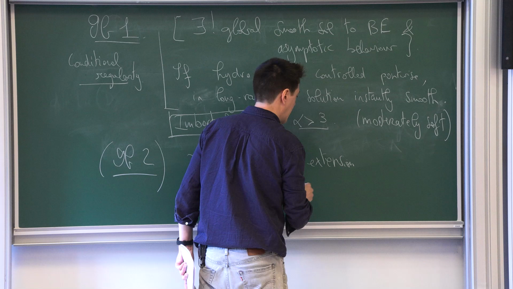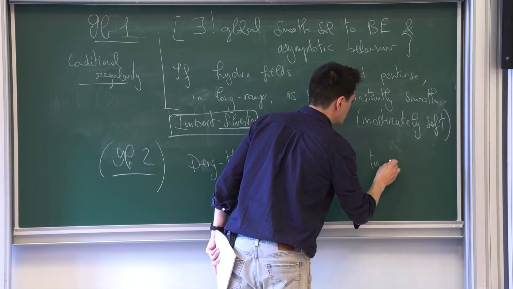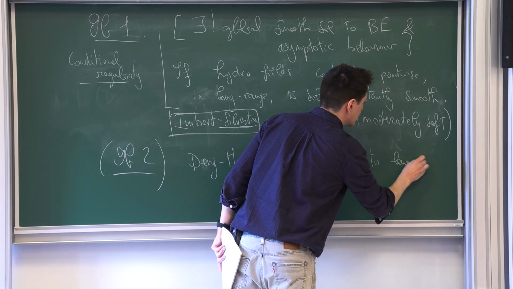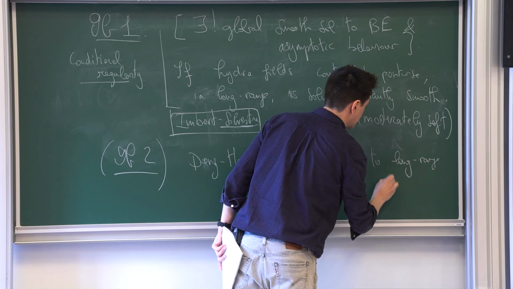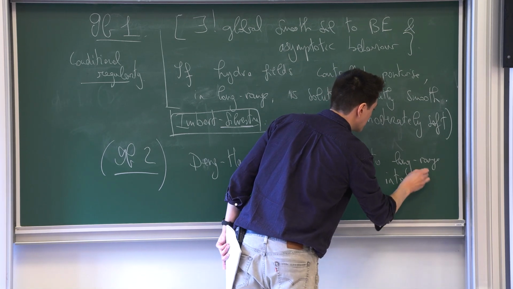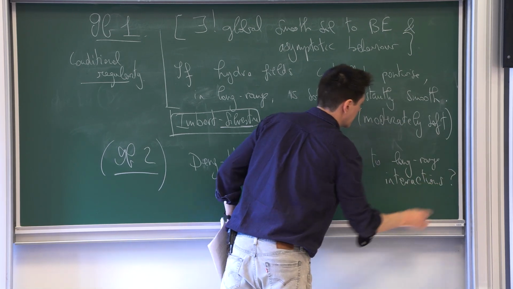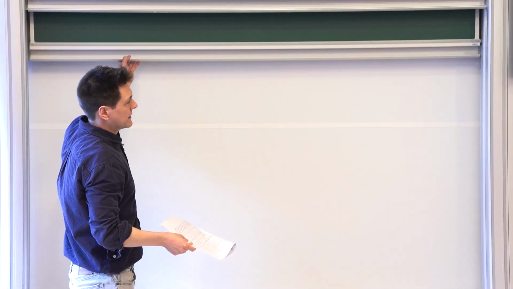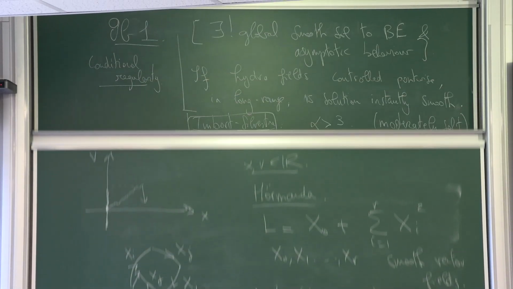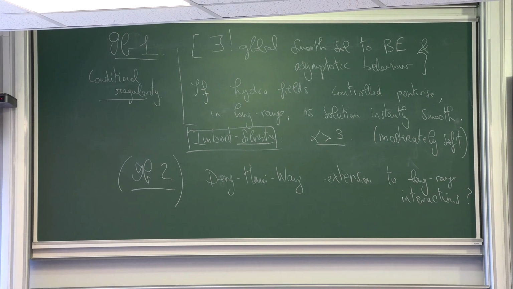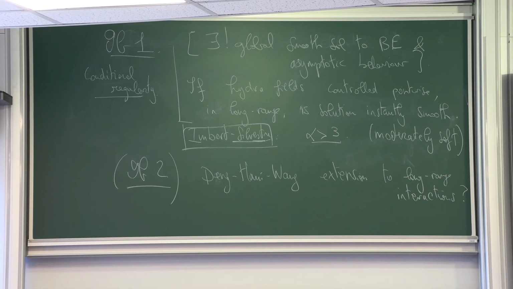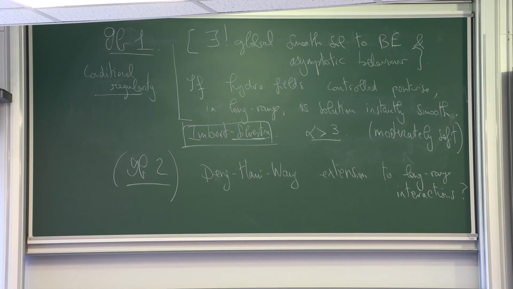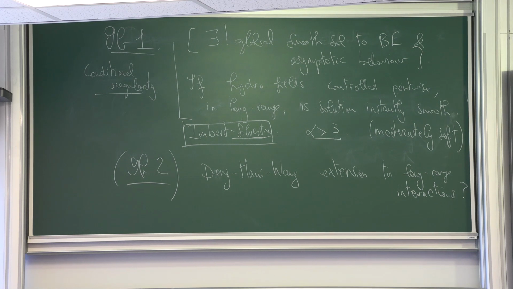So is there a way to have an extension of that paper to long-range interactions for these singular kernels? Okay, I'm just mentioning it because it seems to me possible that it would require a good amount of regularity theory with some of these methods.